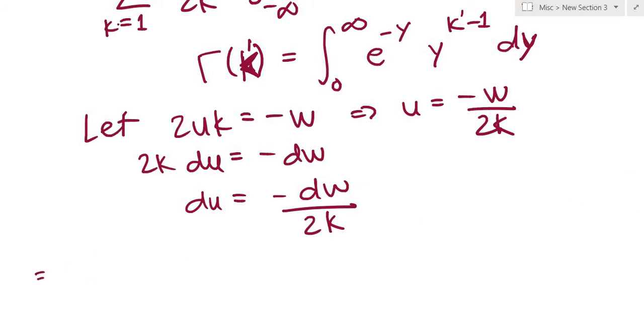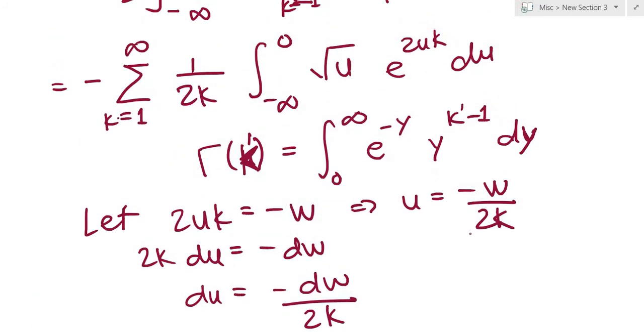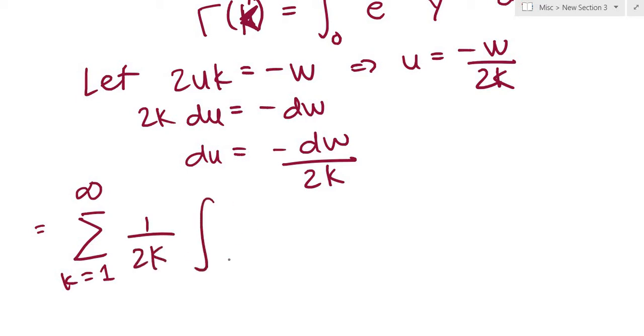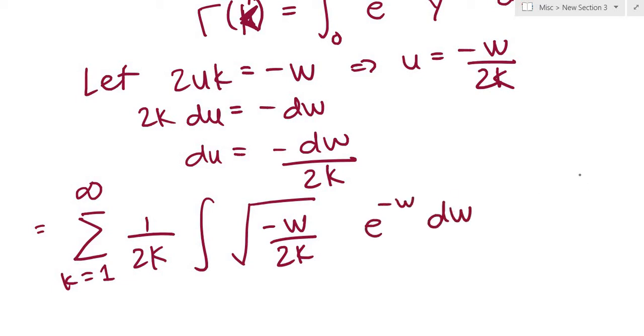Now I want to just substitute everything over here. So there was already a negative. That negative will get nullified by this negative of the du substitution. So we'll just have sum from k equals 1 to infinity of 1 over 2k times the integral from, we'll check for the limits later, square root of u, which is nothing but square root of negative w over 2k, times e raised to negative w dw.